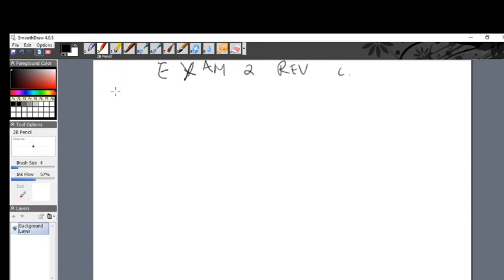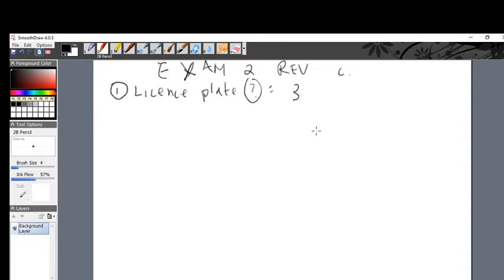Okay, so our first one on this piece of paper is a license plate question. Here's our example. Let's say you've got a license plate that can be made out of the 3 digits.